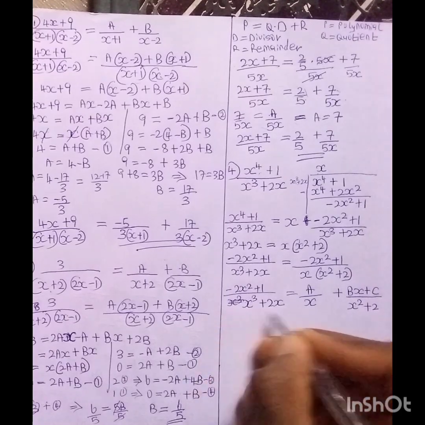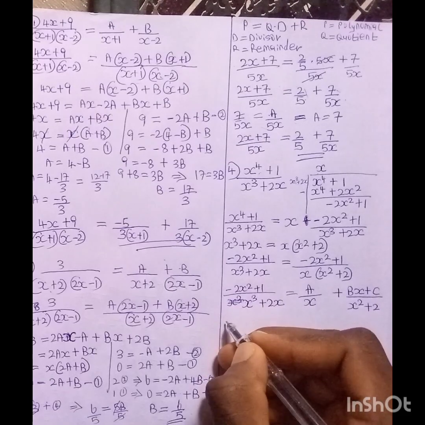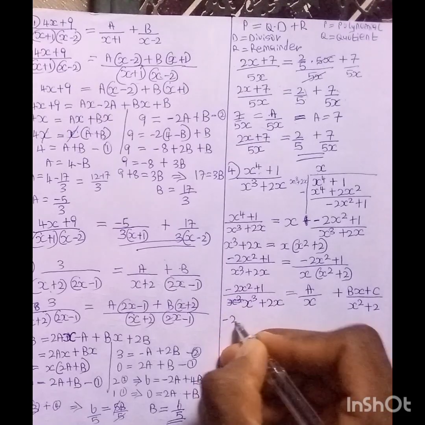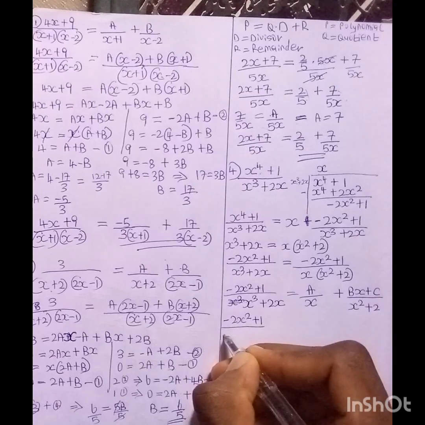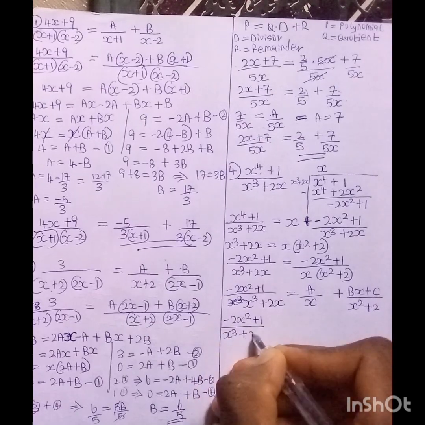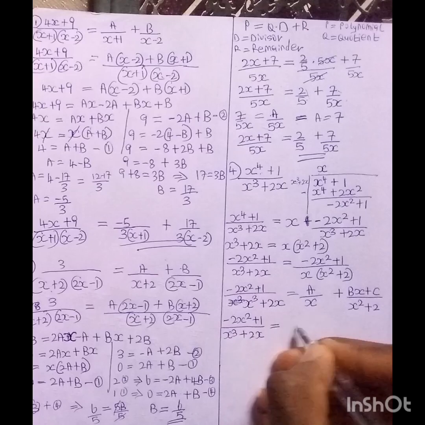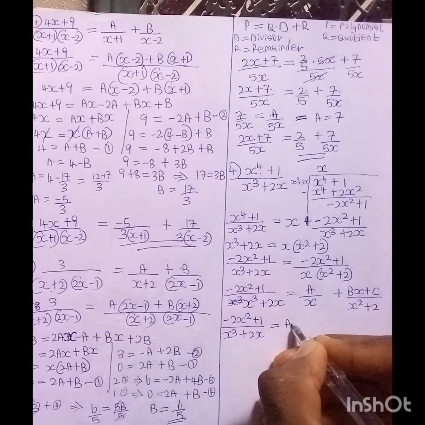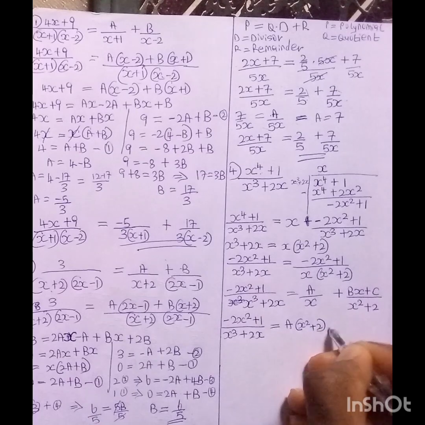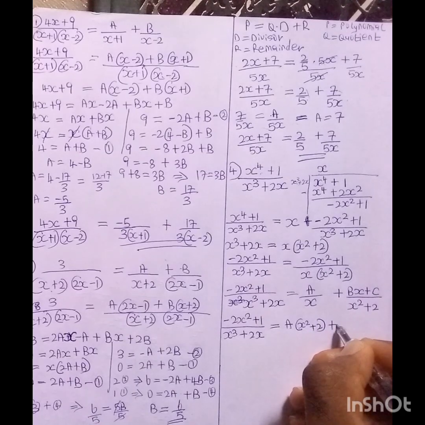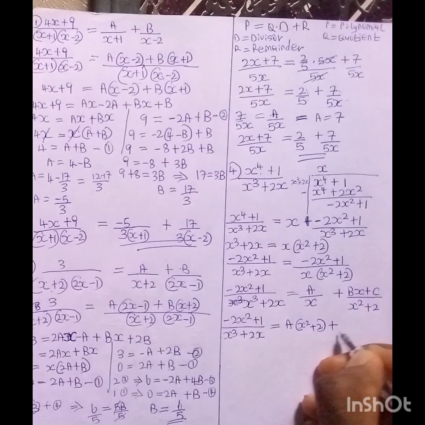So from here, minus 2x squared plus 1 over x cube plus 2x equals A over x plus bx plus c over x squared plus 2.